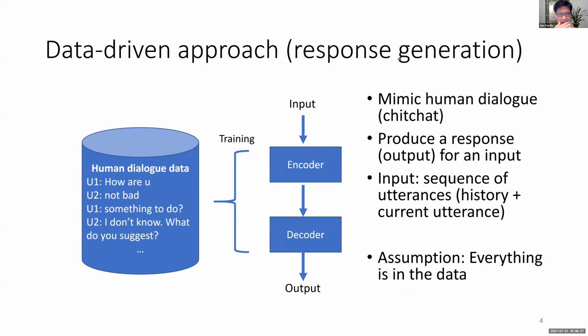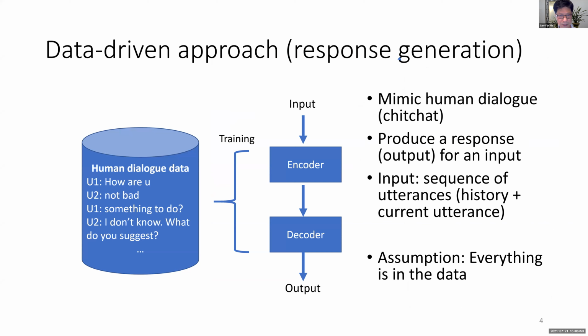And now we are more focused on data-driven approaches to try to generate responses in the dialogue. So here, the goal is to mimic a human dialogue, and basically that's a kind of chit-chat without a particular purpose. And the goal is to produce some output given the input.